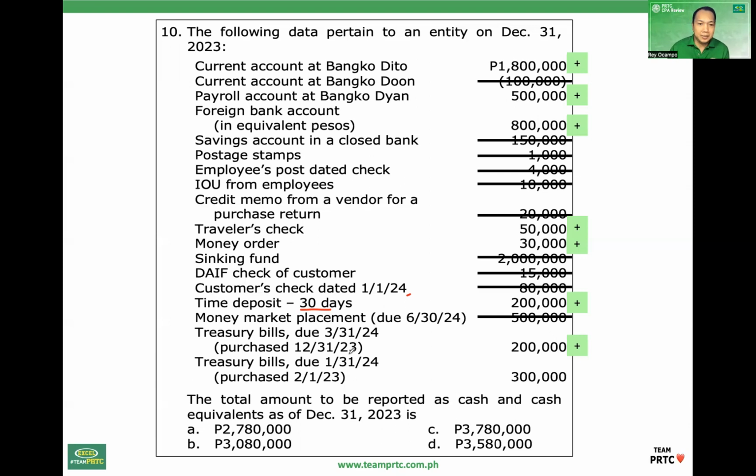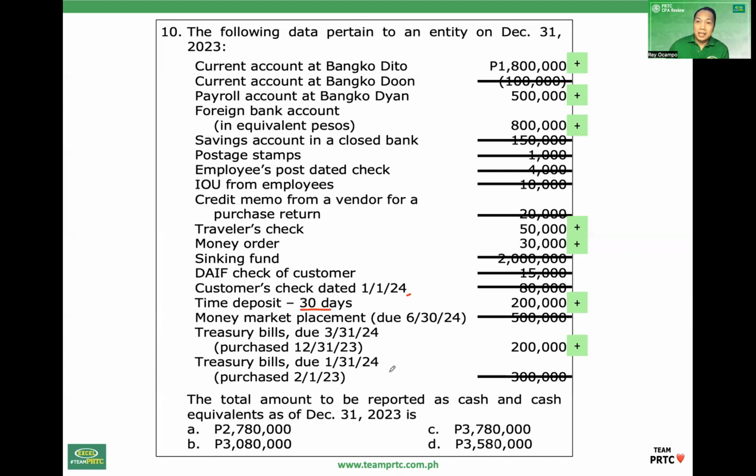Treasury bills due January 31, 24, but acquired February 1. The reference is 3 months or less from the date of acquisition, so that the effect of changes in interest rates is insignificant; it should be acquired 3 months or less prior to maturity. Since acquired February 1, exclude. Investment, short term.